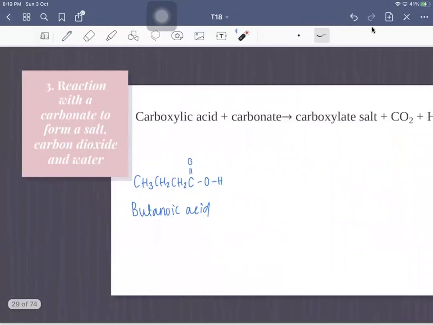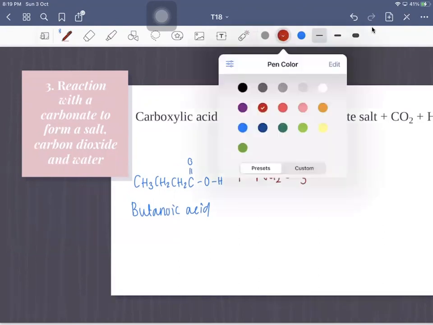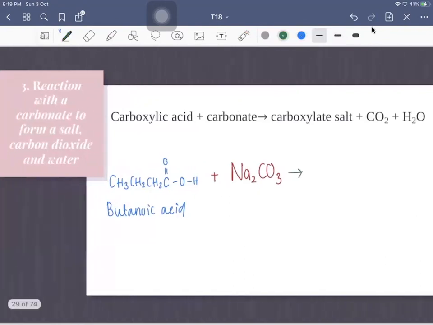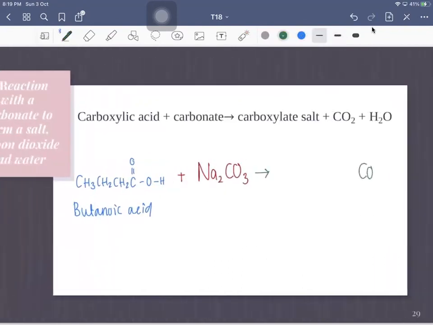Next is butanoic acid plus sodium carbonate to form carbon dioxide and water. Those 2 are pretty standard.